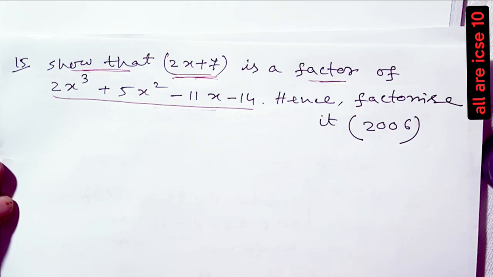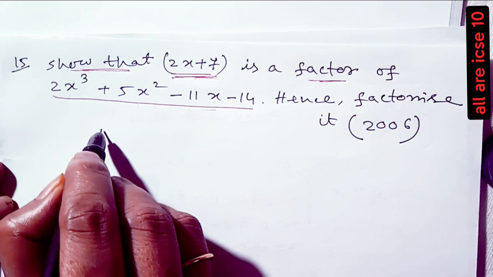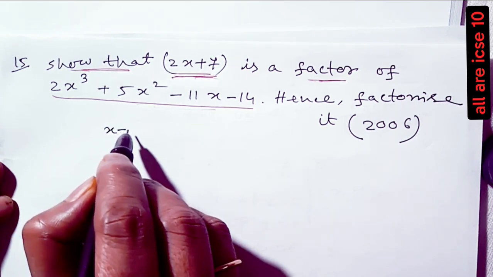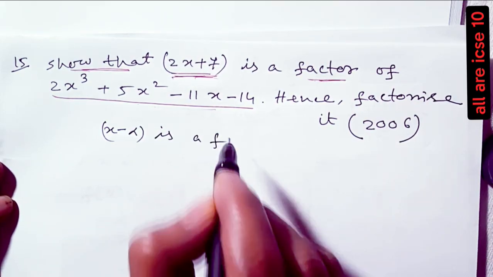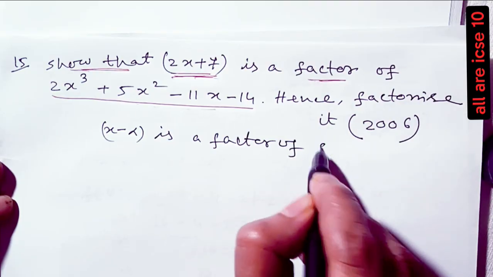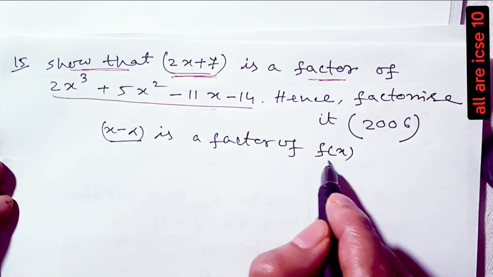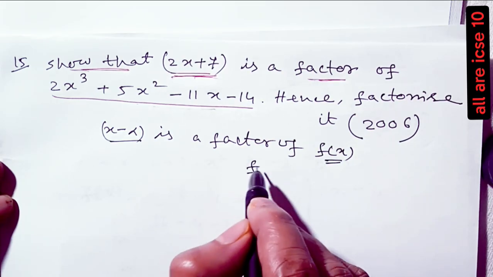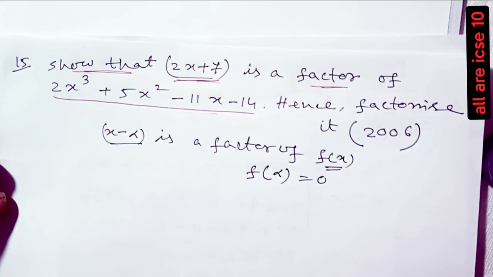So we know from factor theorem, if x minus alpha is a factor of fx, then f alpha will be 0.